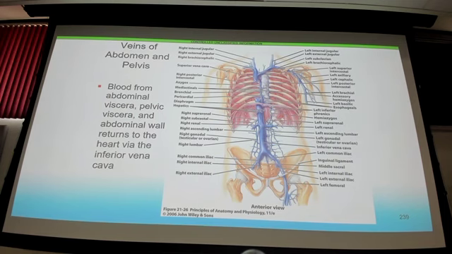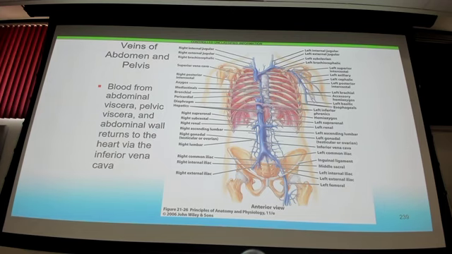On the venous side, we're not going to get a whole lot in. Actually, we're going to focus in on the hepatic portal system again. But we also have to realize blood from the abdominal viscera, the pelvic viscera, and the abdominal wall all gets back to the heart by going via the inferior vena cava.